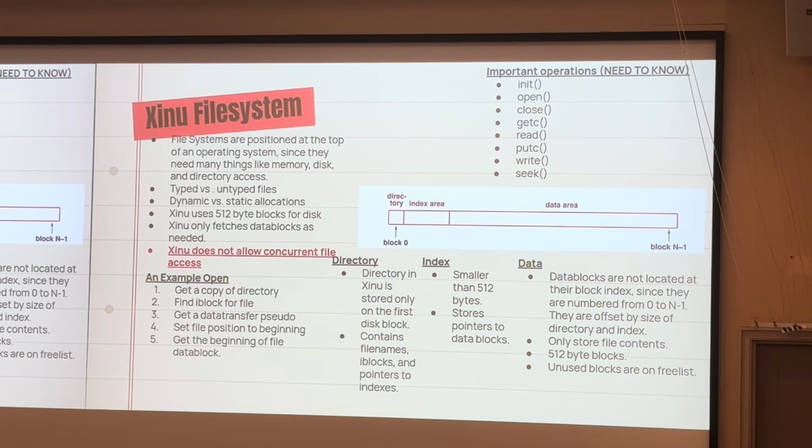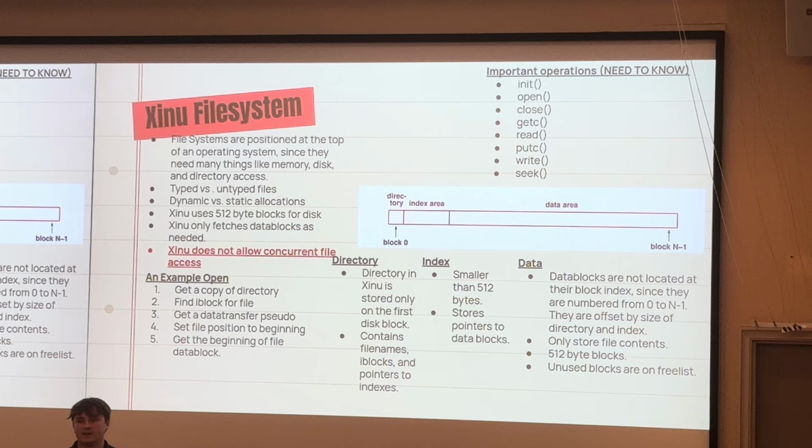So this is honestly one of the questions that got me tripped up whenever I was first taking this class. The Xenu file system is very different from, I don't know if you guys have studied other file systems or not, but it's very different, as you just went over. Again, if you have been playing around with Xenu, you notice that there's nothing like a make directory.